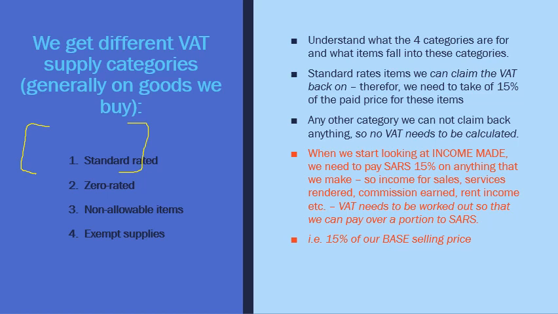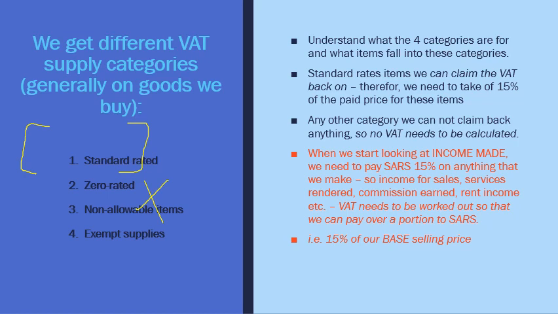Okay, so things that are, I want to say, luxurious or not really necessary for the business, SARS regards as non-allowable, which means although we paid VAT, technically they look like standard rated. There are the kinds of items that SARS says, no, we can't claim the VAT back.